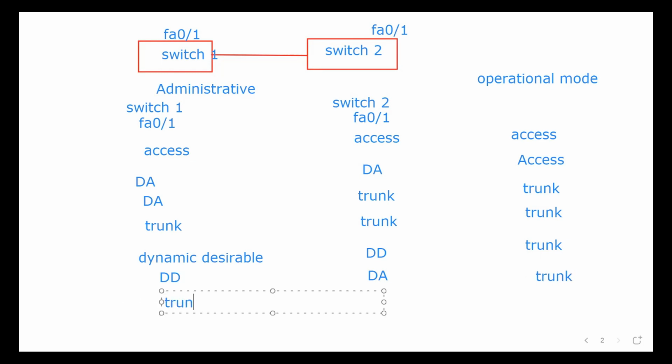When switch 1 is in trunk mode and switch 2 is in access mode, what is our operational mode? Access.